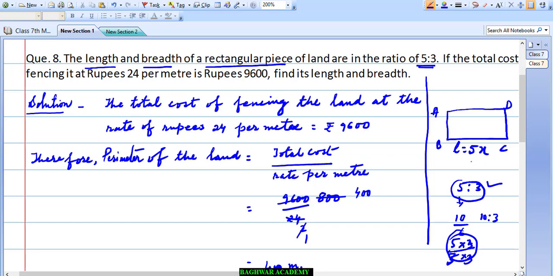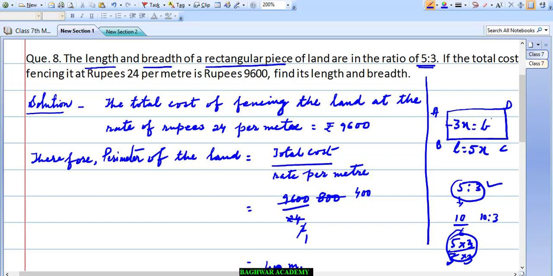Simply, if it has been given in ratio, we need to assume the bigger one is the length, so you assume 5x, and the breadth is 3, so this is 3x. So in this way we assume: L is equal to 5x and B is equal to 3x.